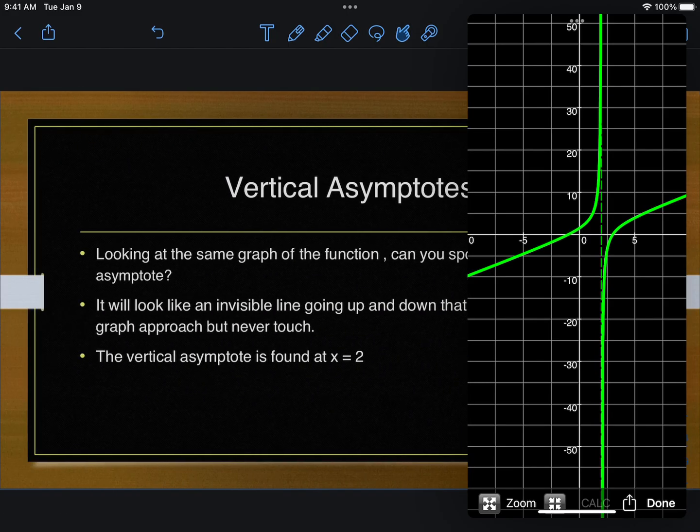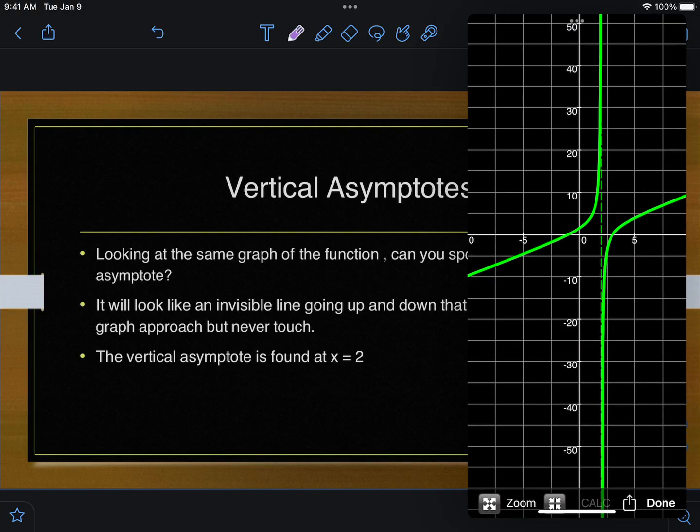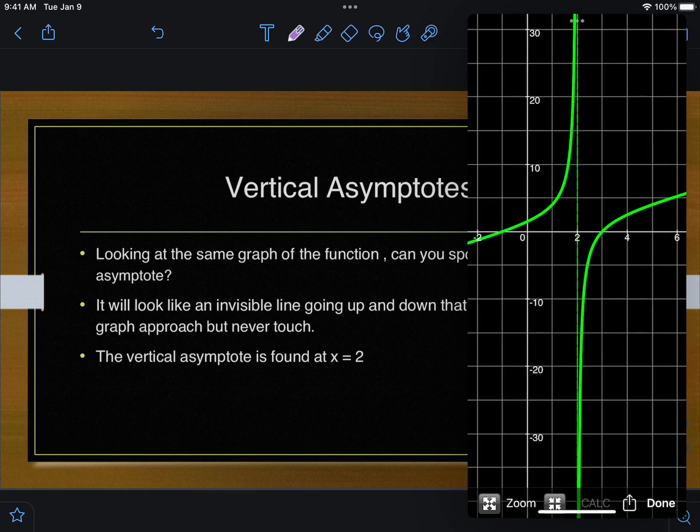If we go back to what the equation of that graph was, I believe it was x plus 1 times x minus 3 in its factored form, all over x minus 2. That vertical line is called the vertical asymptote. And if I zoom in, I can see that it cuts through the x-axis at positive 2.